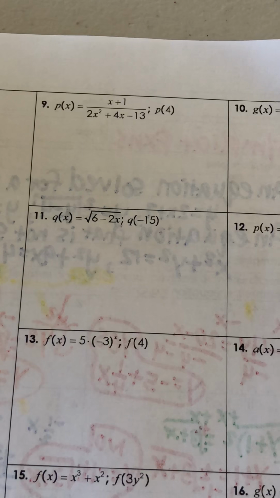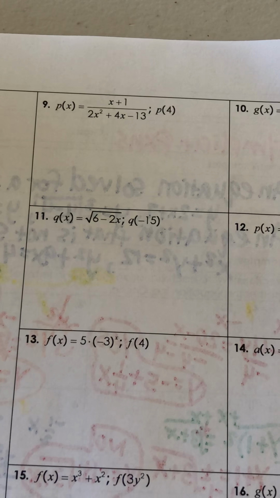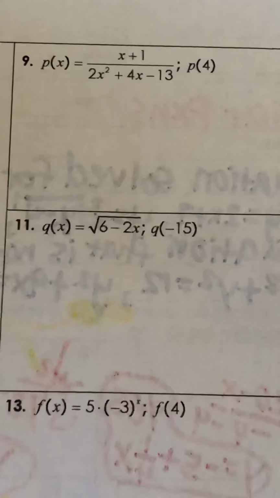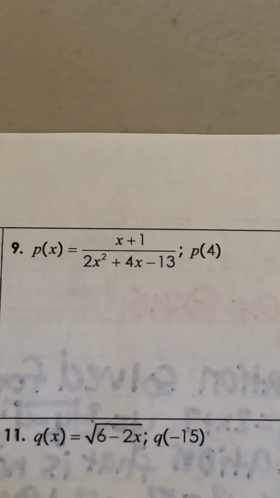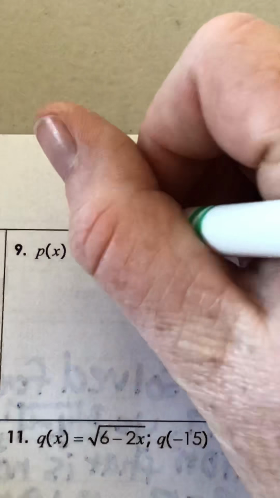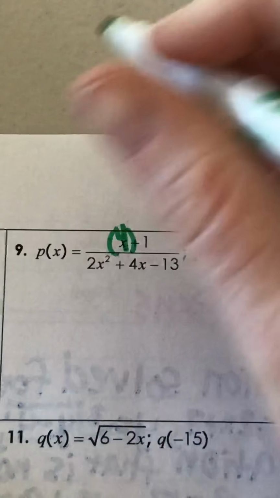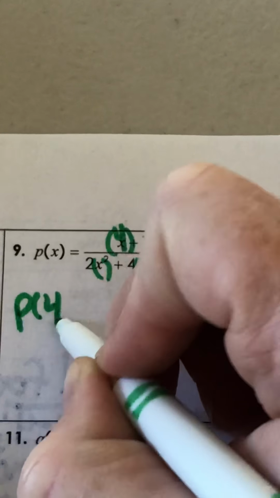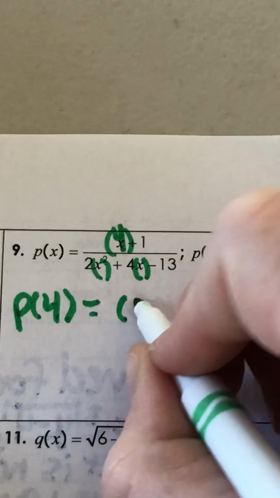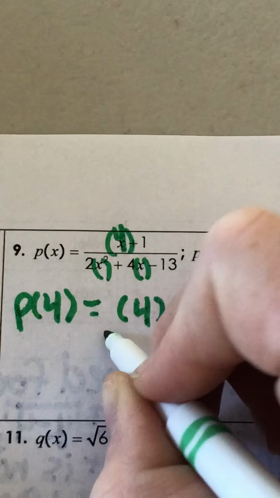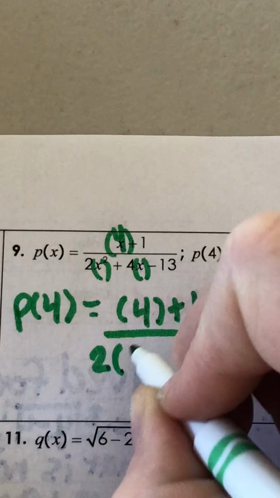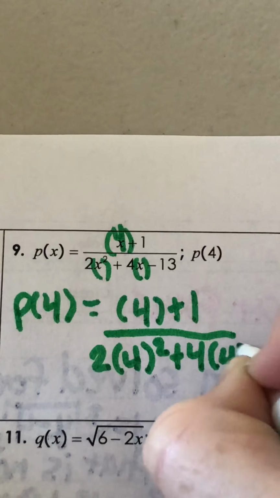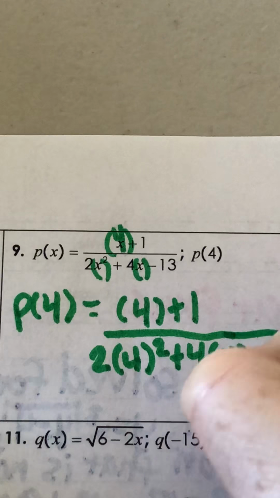P of 4, you would just plug that in. We haven't done a fraction, so that's okay, we'll do number 9. Where I see x, I'm going to be putting 4 everywhere. So P of 4 equals 4 plus 1 all over 2 times 4 squared plus 4 times 4 minus 13.